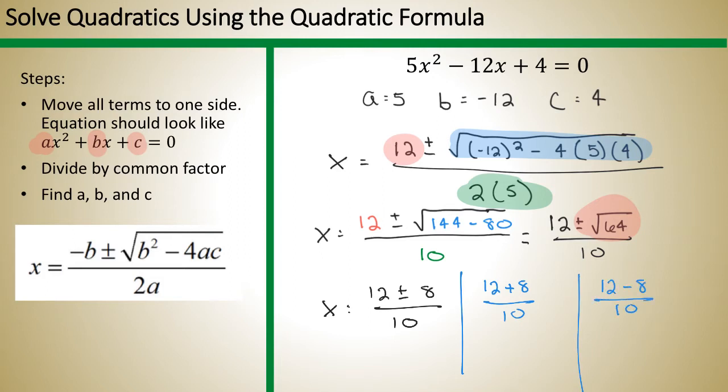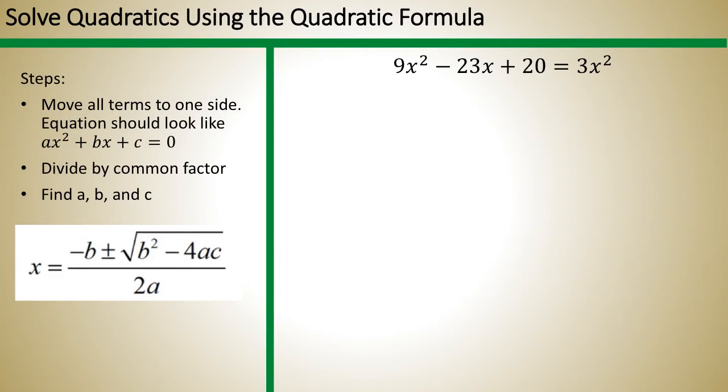So 12 plus 8 is going to be 20 over 10, and that's just going to be 2. The other one, that's going to be 4 over 10, and that would simplify down to 2/5. And those are the solutions to this thing.